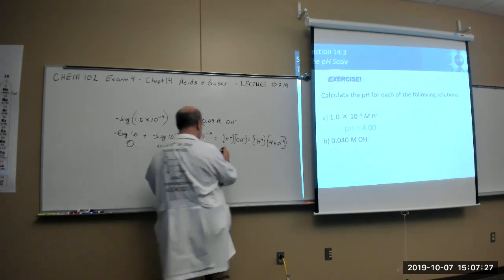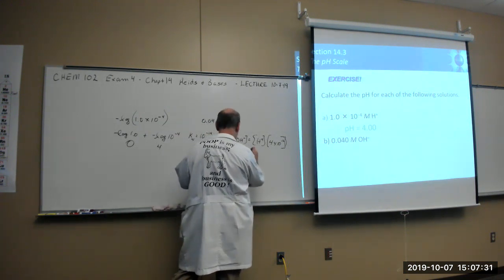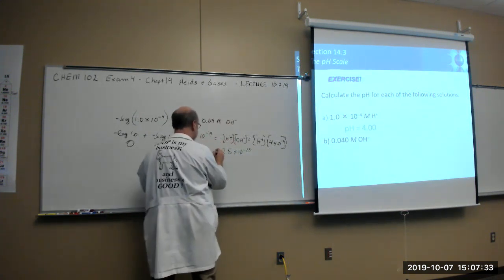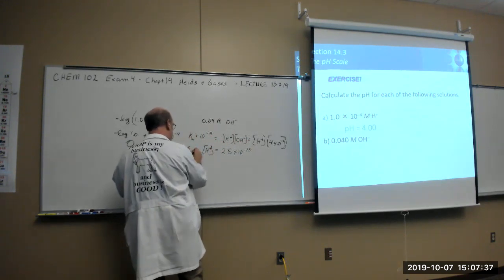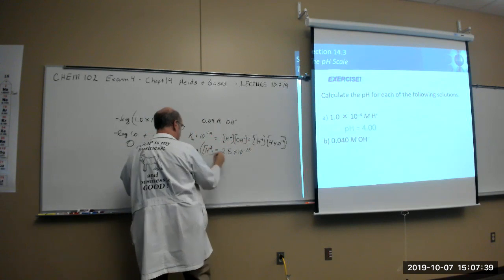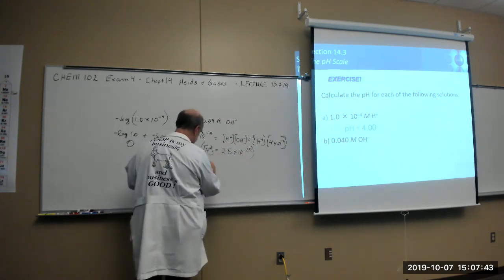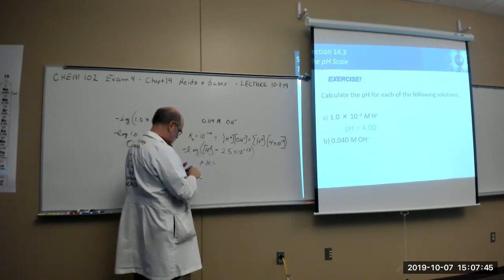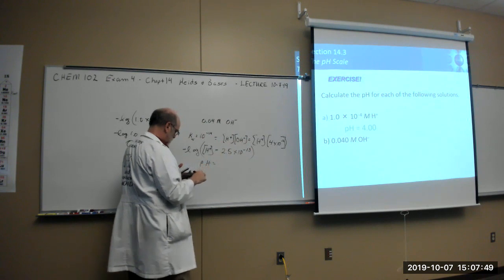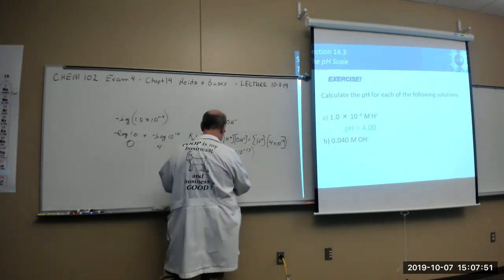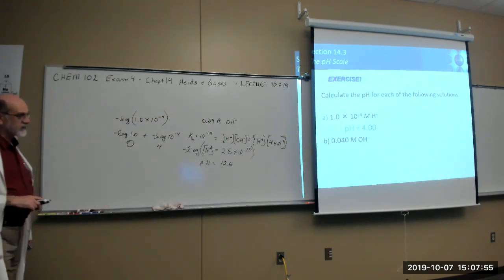That's 2.5 times 10 to the minus 13, and that's equal to the hydrogen ion concentration. Then we need to take the negative log of that whole thing. Negative log of this one, negative log of that one. That makes this pH 12.6. So by that method, the pH is 12.6.